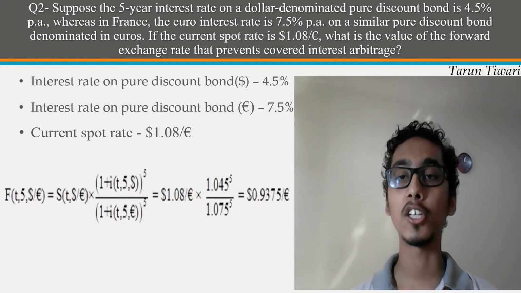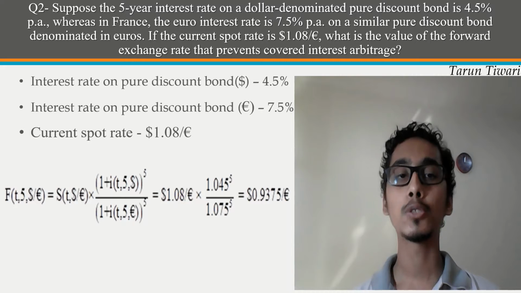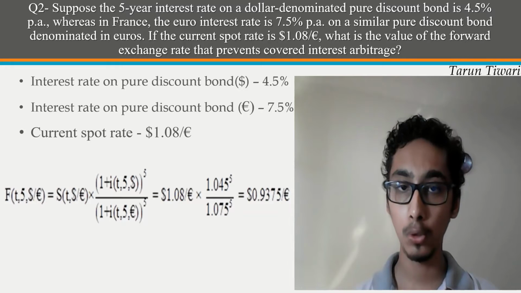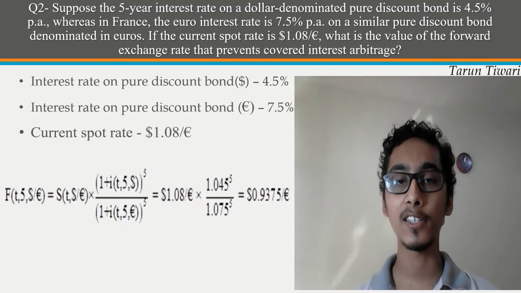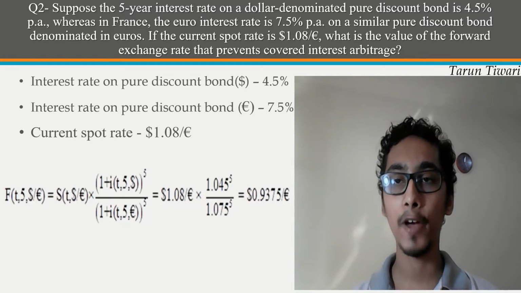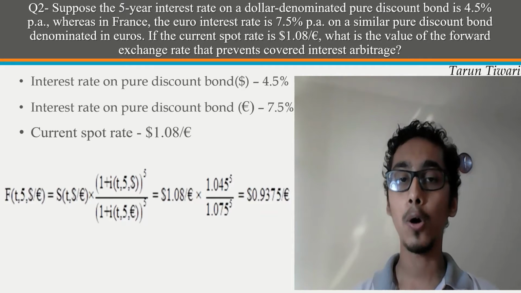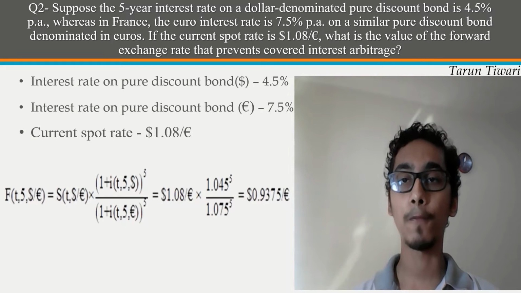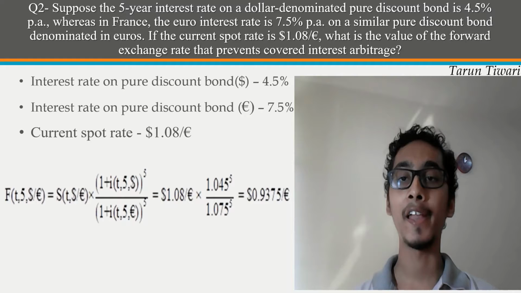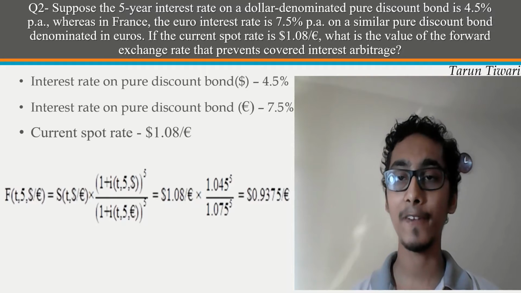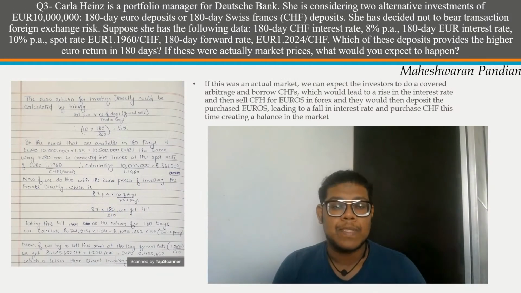Therefore, the calculation for the 5-year forward rate will be the spot rate of dollars per euro today, which is $1.08 per euro, times 1 plus the 5-year interest rate on the dollar bond raised to the power of 5, which is 1.045 raised to the power of 5, over 1 plus the 5-year interest rate on euro bonds raised to the power of 5, which is 1.075 raised to the power of 5, which gives us $0.9375 per euro.